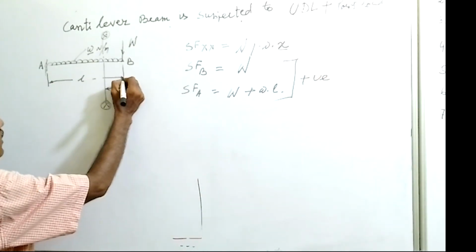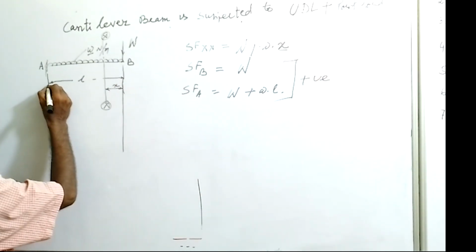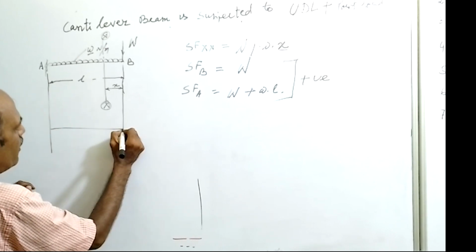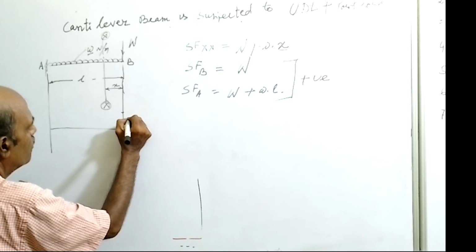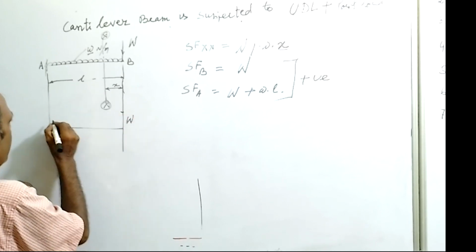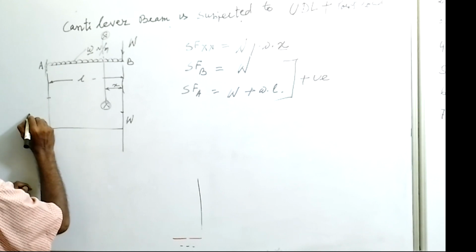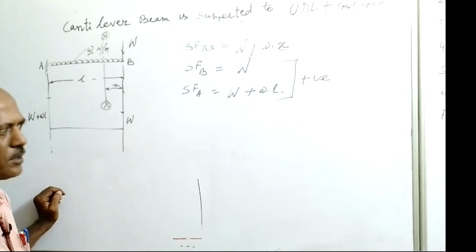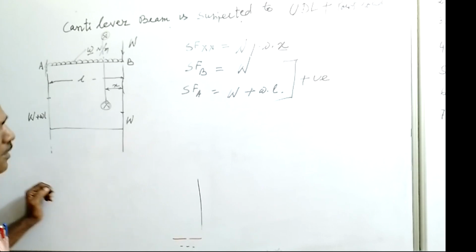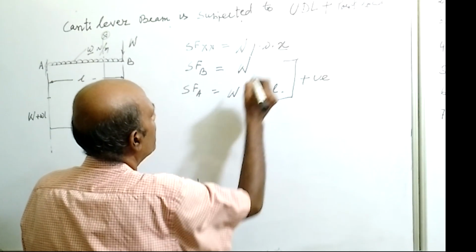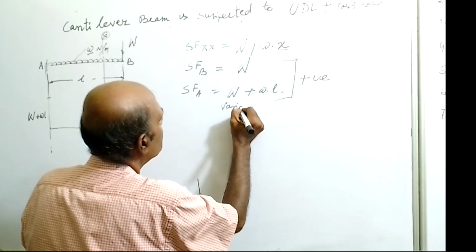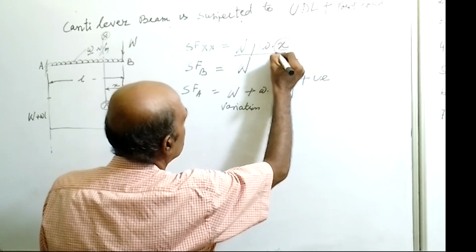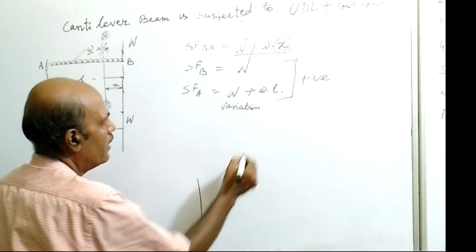So we just draw a diagram under this load diagram. This is the baseline. At this point the value is capital W, and at this point it is W plus small w into L. With some scale, you just mark these 2 points and the variation. From the equation it is seen shear force varies with x, so that means the variation is linear.